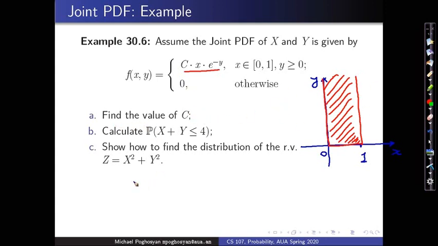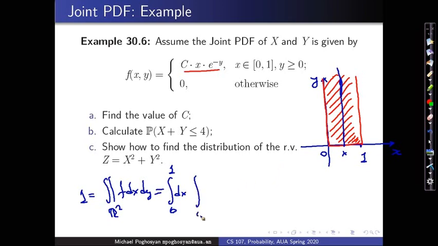To find the value of c, we need the double integral of f dx dy over R^2 to be 1. We just need to take the integral over this red region. So I'm writing the integral with x from 0 to 1, dx, and for each x, my integration over y will be from 0 to plus infinity, since y is changing from 0 to plus infinity for any fixed x.